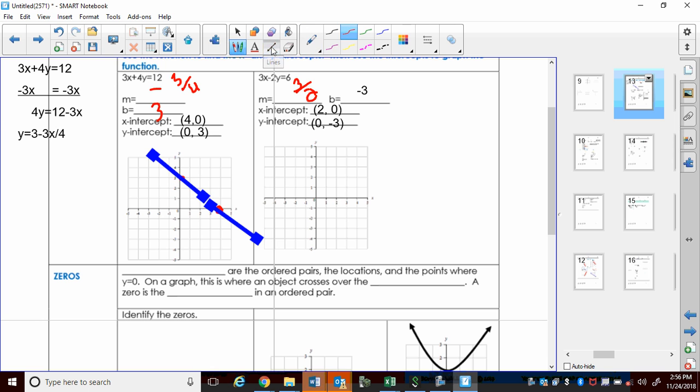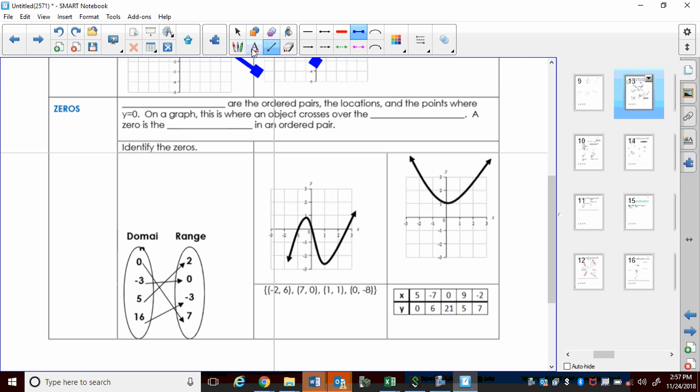So when you graph it, it should look something similar to what I'm about to do. There's my graph.